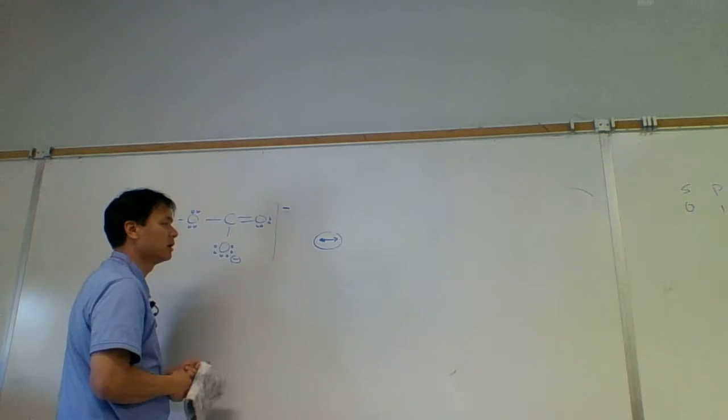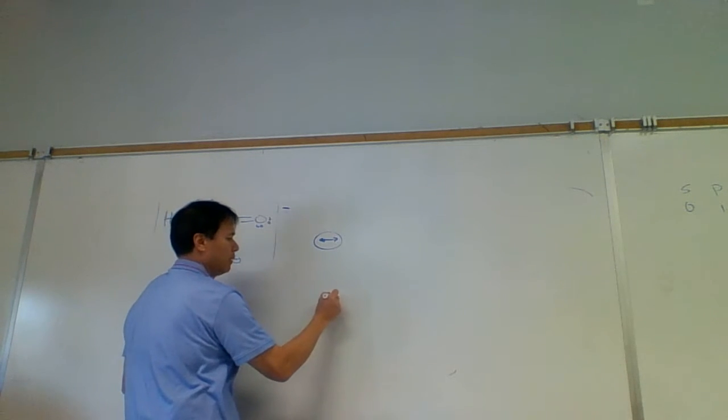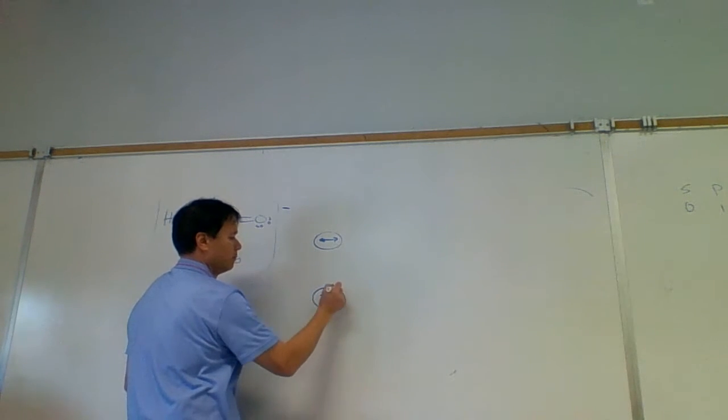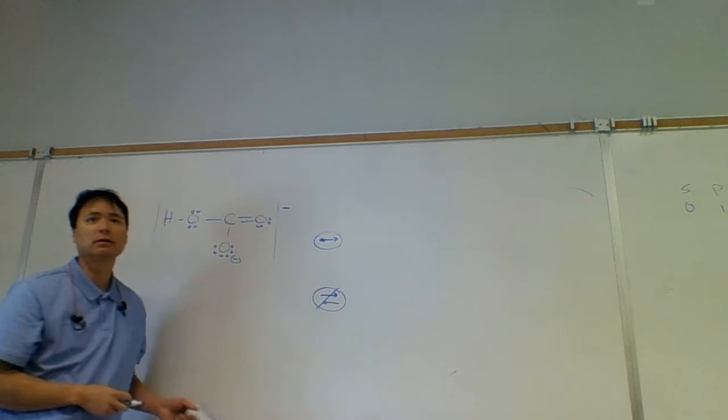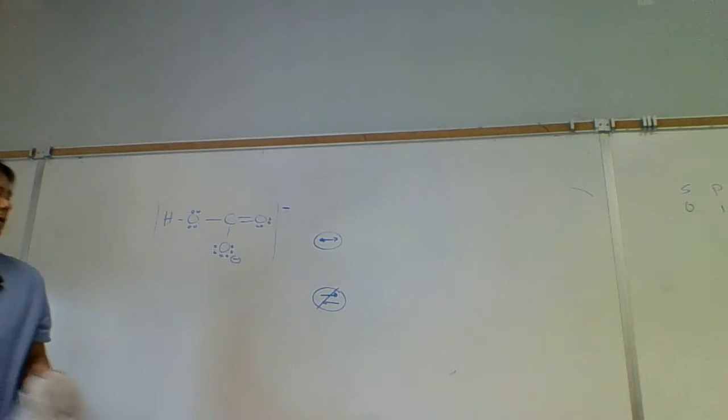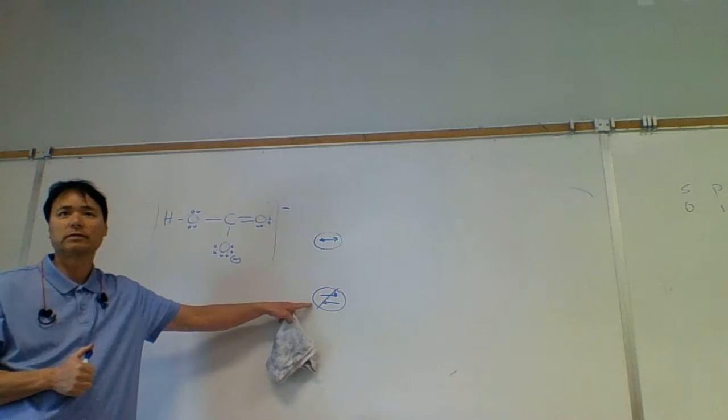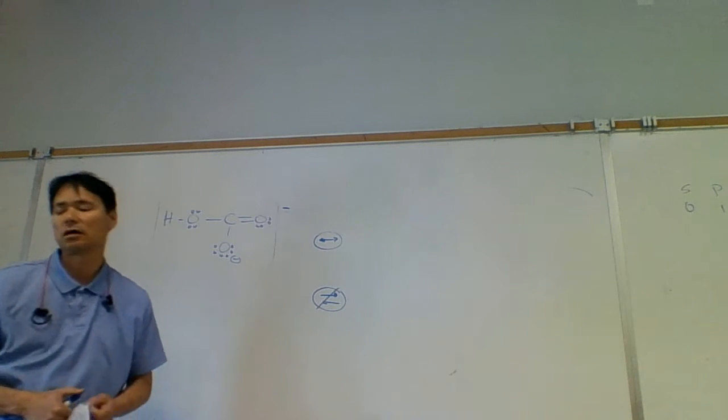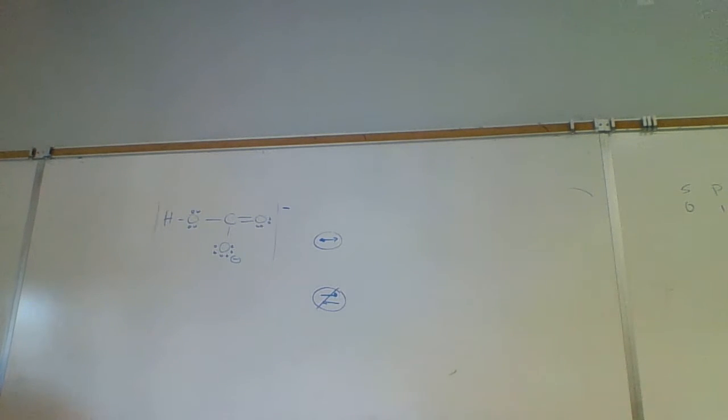We have different ways of writing arrows. We have a way of writing it like this. We don't use this. This bottom set of arrows is reserved for something called equilibrium, which we're going to talk about more later. This top one is called the double-headed arrow.